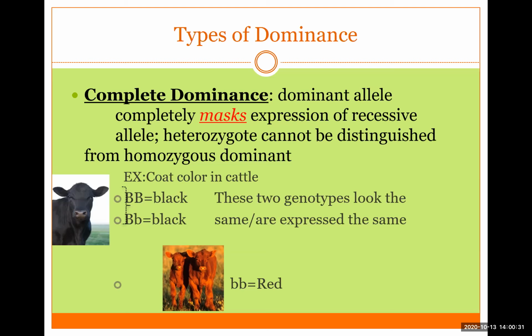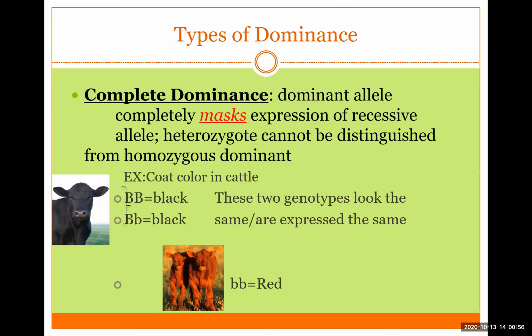And we just decided this. That was our label, right? We could have also done uppercase C as black for coat color, and lowercase c as red. We could have done anything we wanted to do, right? But we chose uppercase B was black, lowercase b was red, right?